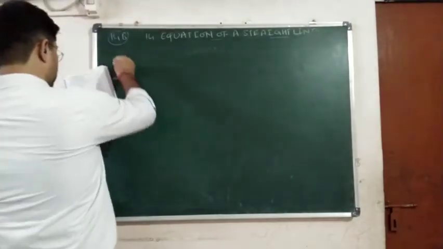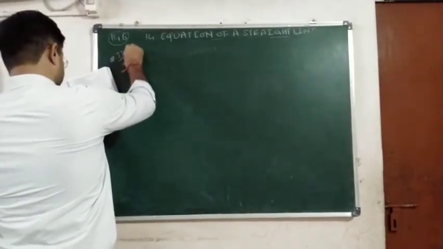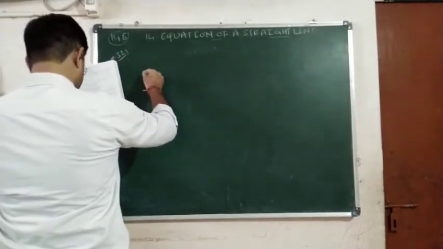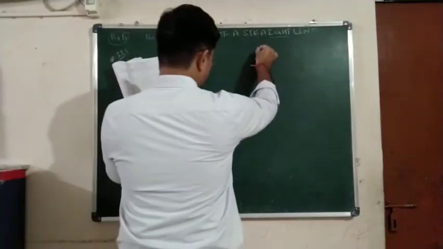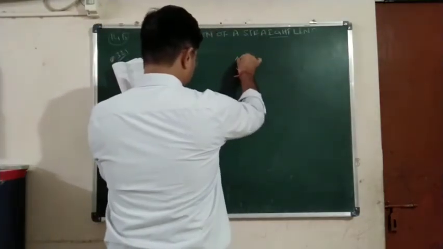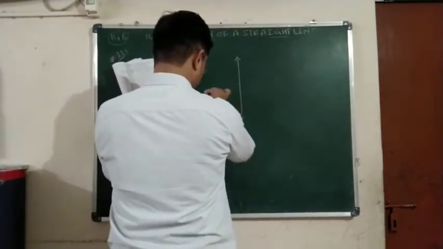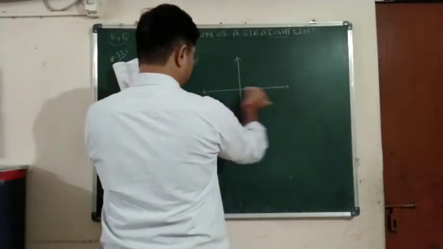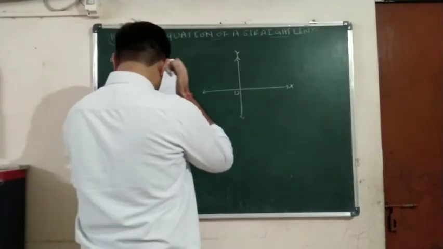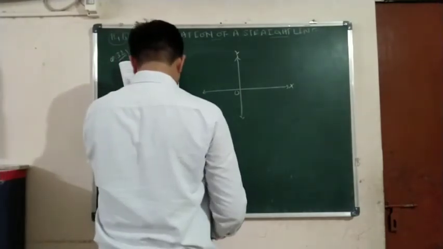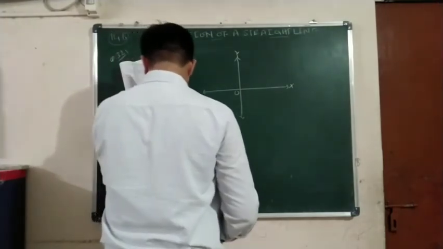Okay, so the next question. A line segment AB meets the x-axis at A and the y-axis at B. Let us draw the diagram and try to understand this. Okay, we have x and y coordinate axes. O is the origin.